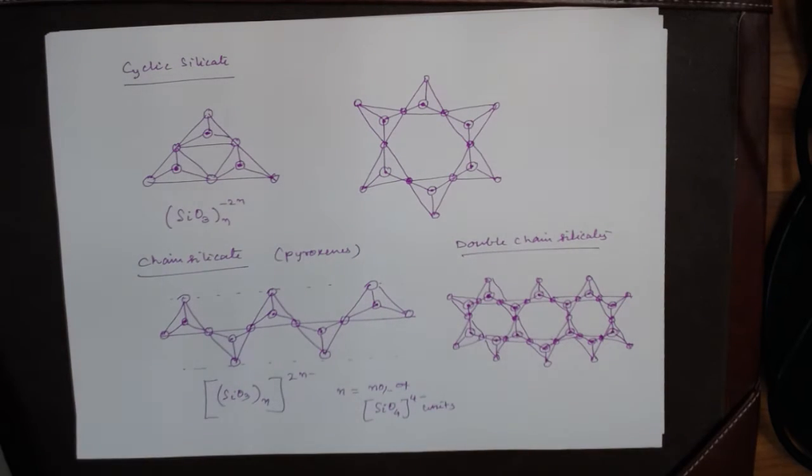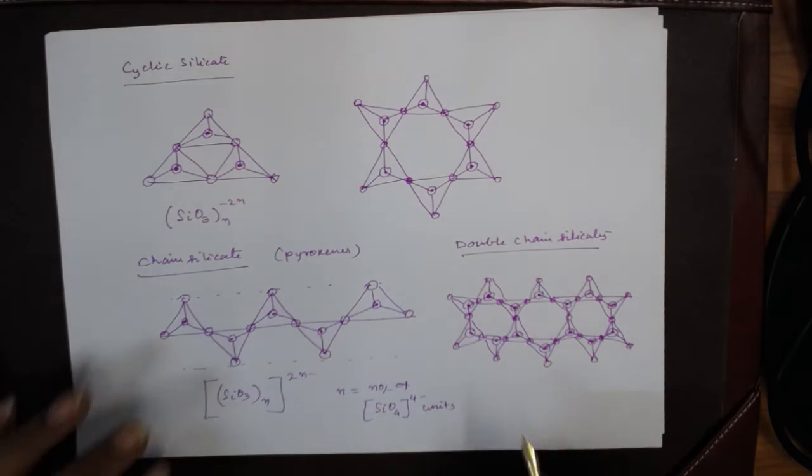Done. So you are able to get a very nice structure, double silicate, that is double chain silicate. The best example is asbestos.